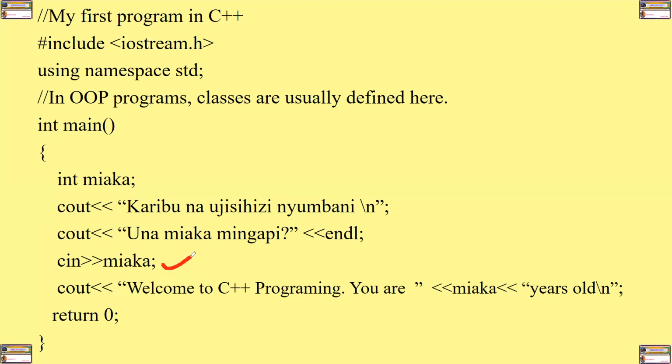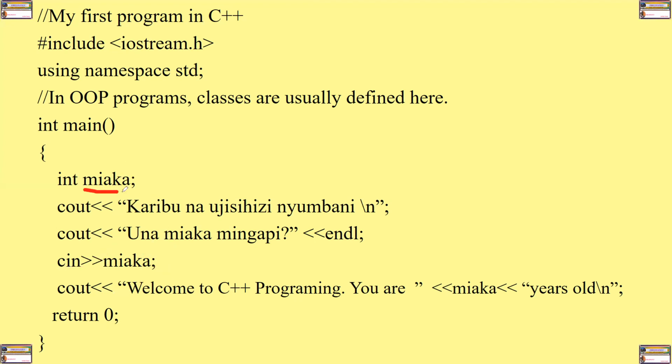This statement simply means read the value that has been typed by the user. Get that value that has been entered using an input device, and store it in the memory location set aside called miaka.